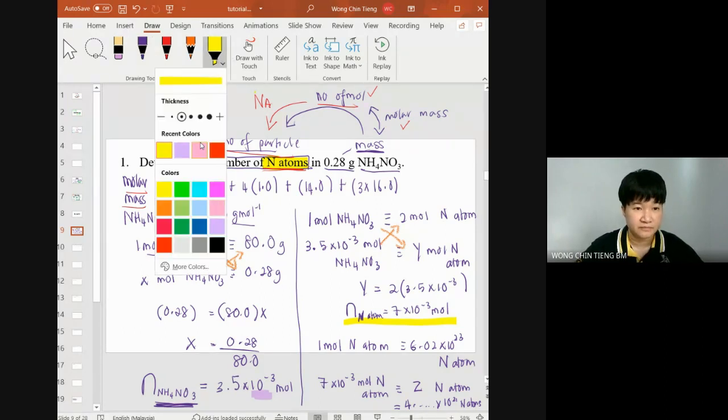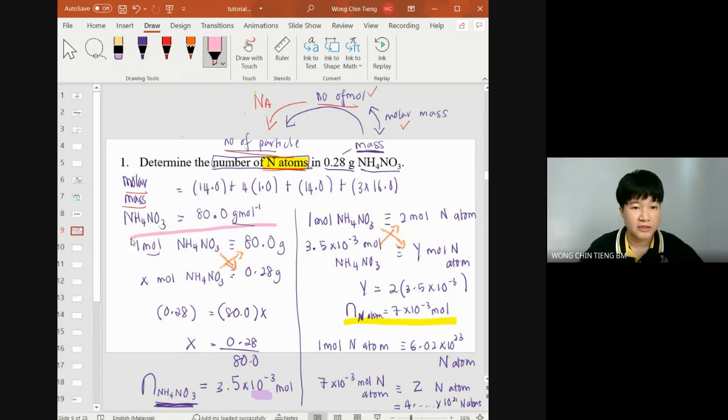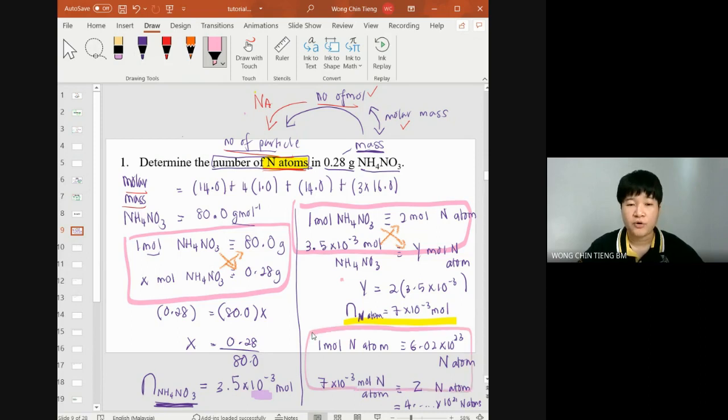Anybody that are not using this method, please redo everything. Because I want everything in mole ratio. Masuk topik 1.3, this mole ratio will give you 1 mark. Saya tahu, teacher, saya buat cara SPM pun dapat markah. Dapat, jawapan akhir je lah. Saya nak semua orang buat dalam mole ratio. Is that clear?